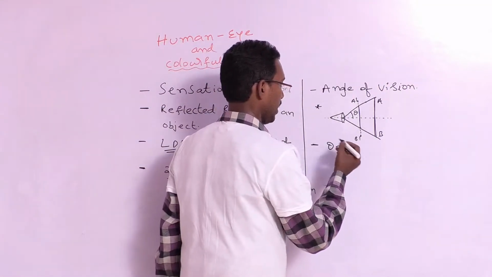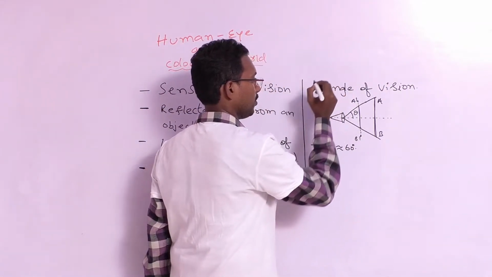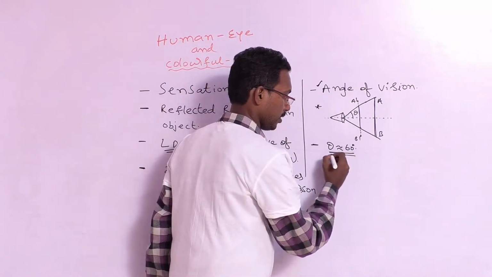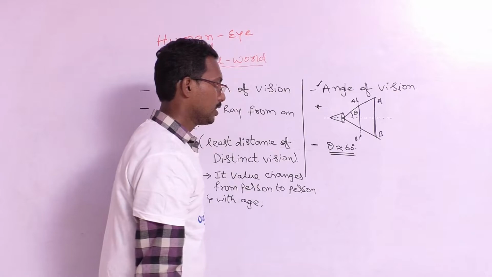Here also, the angle of vision changes from person to person. Not in many cases, but the average value can be taken as 60 degrees.